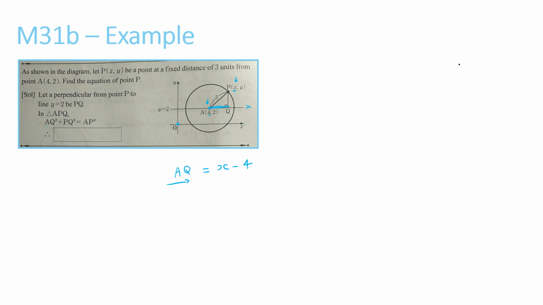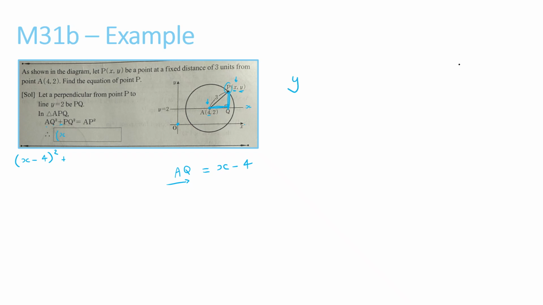So it's x minus 4 is AQ. But it's asking for AQ squared, so we just write x minus 4 squared. Now it's saying plus PQ squared, so plus. Now PQ is here to here, and this is along the y-axis because it's going up and down. So we look at the y coordinate of P, and we see it's just y.